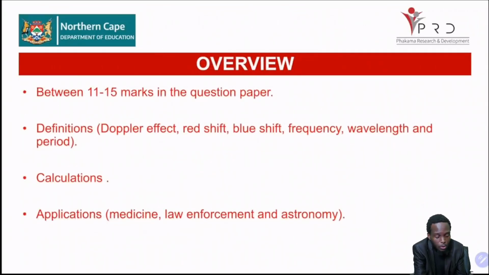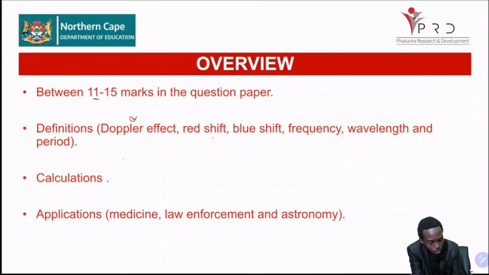So what are we going to be looking at? Doppler effect in your examination will go for about between 11 and 15 marks. And you would obviously need to know your definitions. Doppler effect, definitely. Redshift, blue shift, frequency, wavelength, and period, which are things that you learned in the previous grades. So they are also very important.